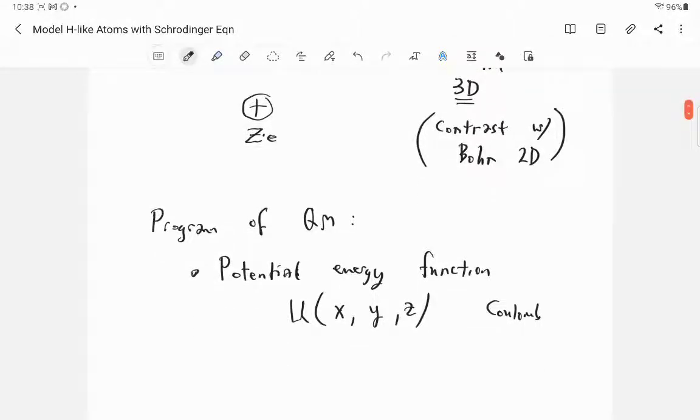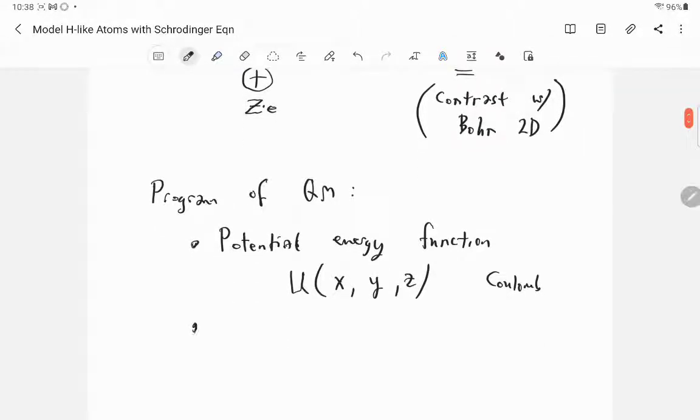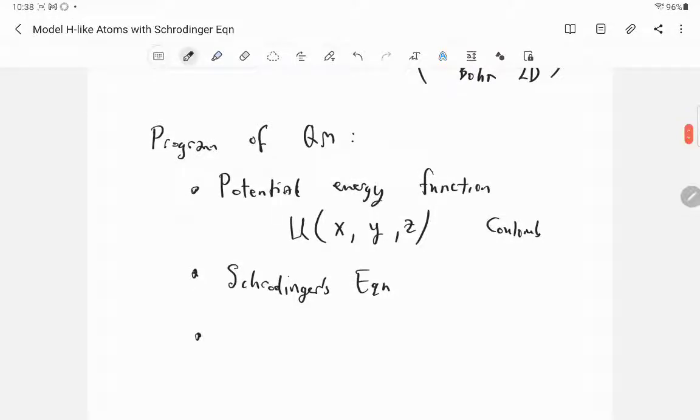But anyways, after you write down the potential energy function, you write down Schrodinger's equation by filling in the potential energy function, and then you solve the differential equation, right? And the solutions of the differential equation are the wave functions.